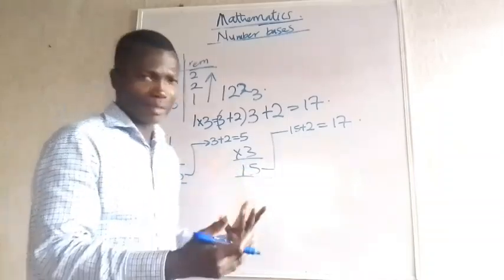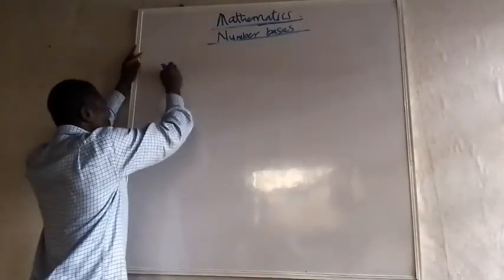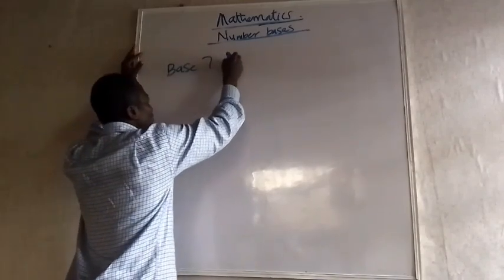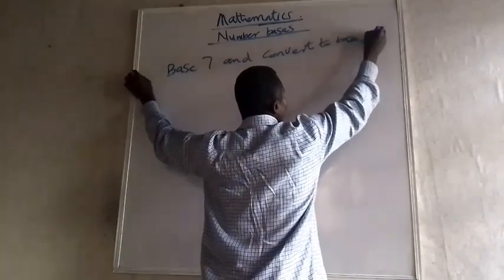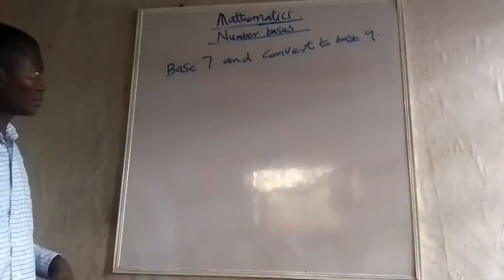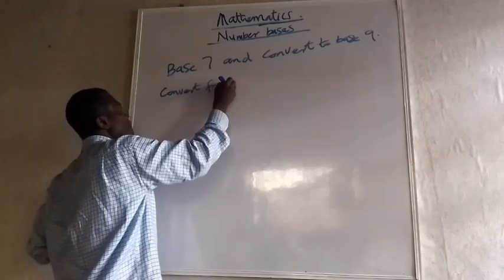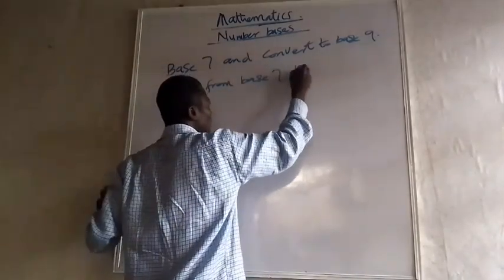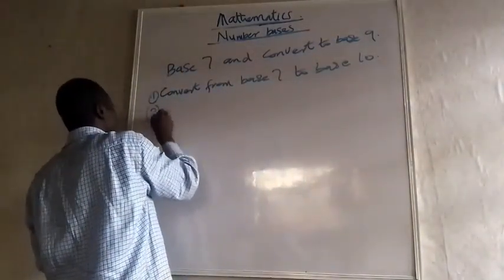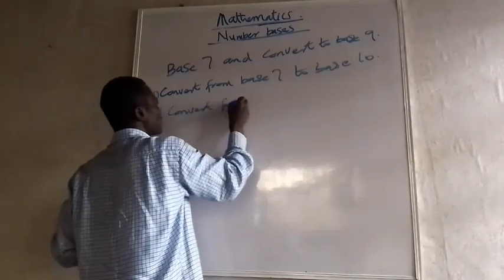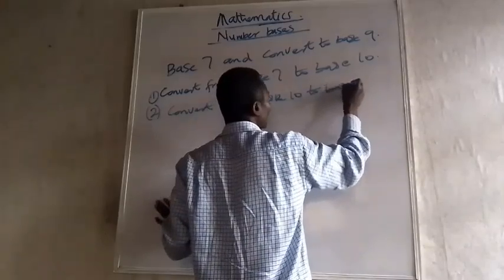Now, as I was saying, if I have a number in base 7 and you have to convert it to base 9, the easiest thing to do is to first of all convert from base 7 to base 10, and then you now convert from base 10 to base 9.